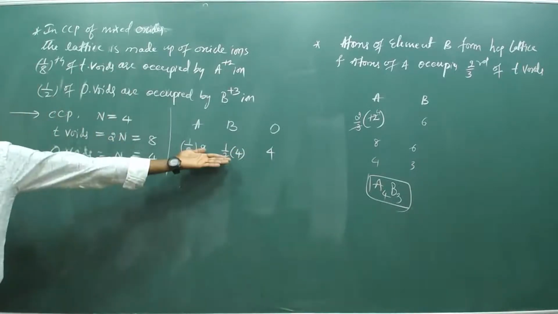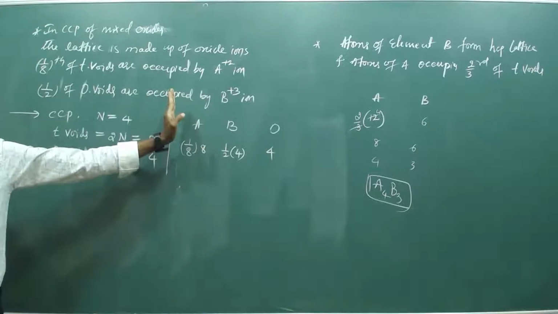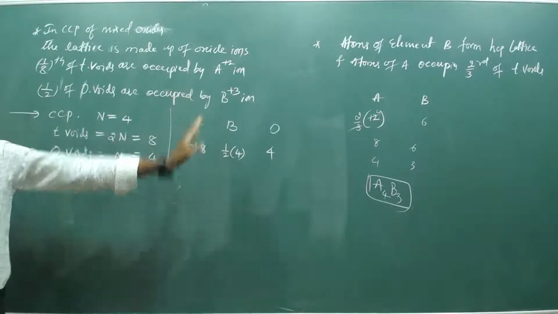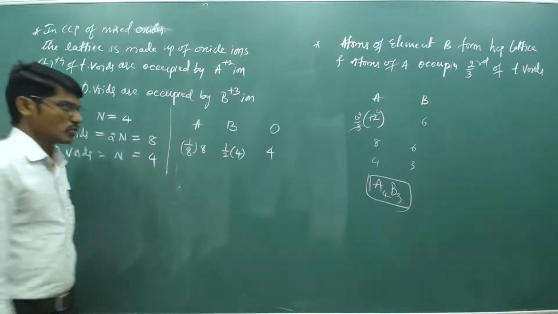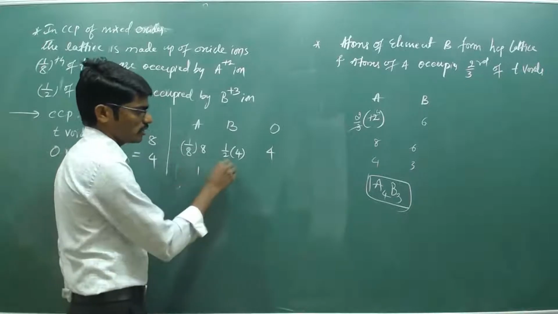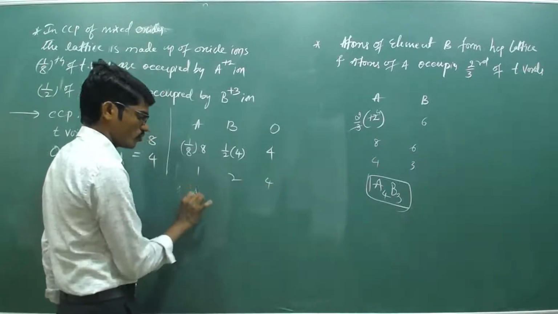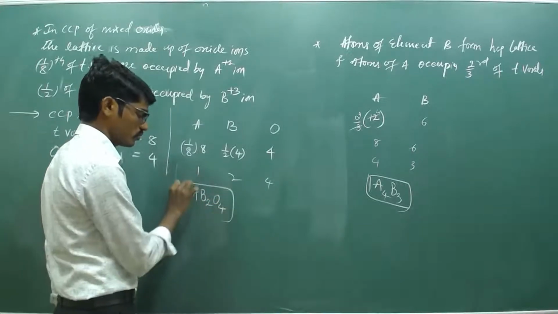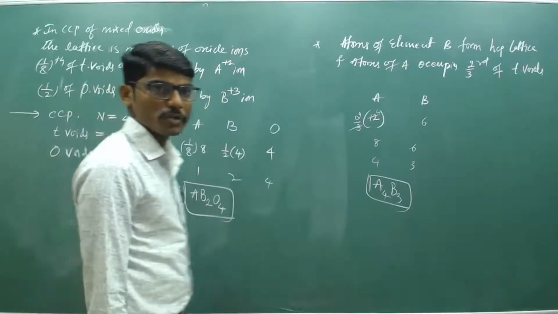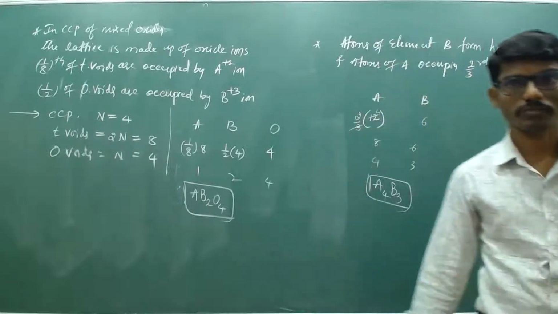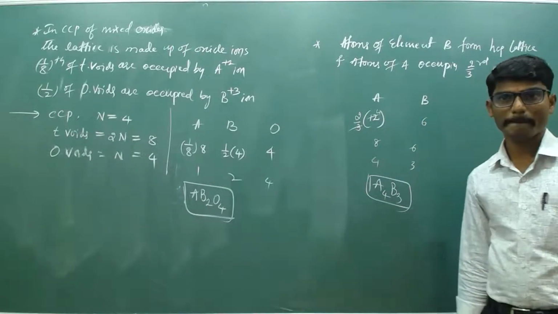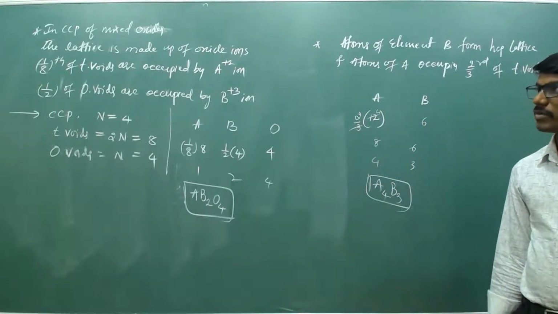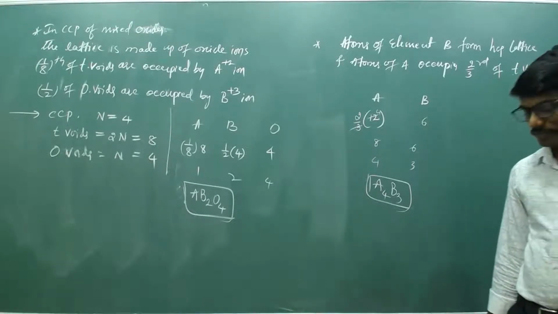So this is the ratio of ions A, B, and O: 1, 2, 4. Therefore, the formula is AB2O4. Is it clear?